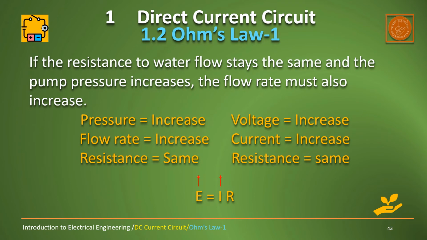If the resistance to water flow stays the same and the pump pressure increases, the flow rate must also increase. The same is true if the resistance stays the same: when the voltage increases, the current will increase too.